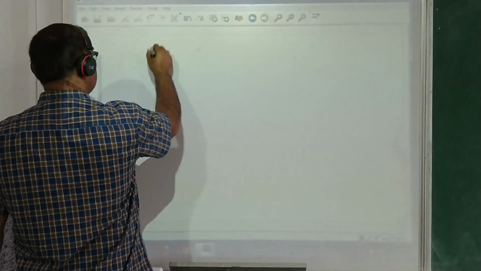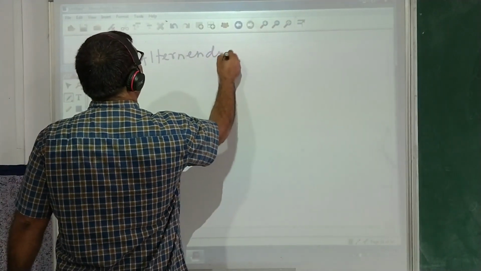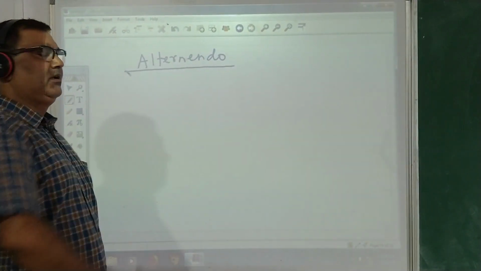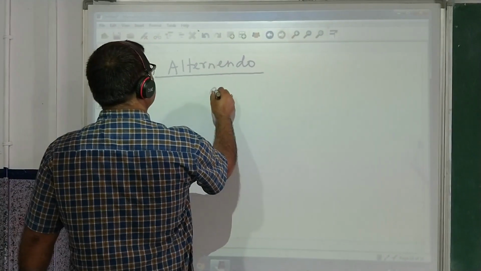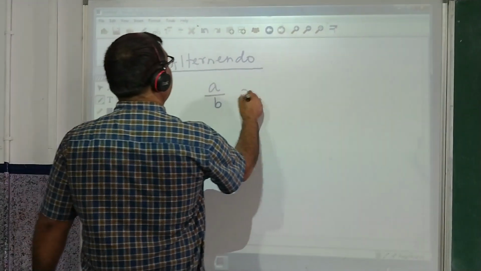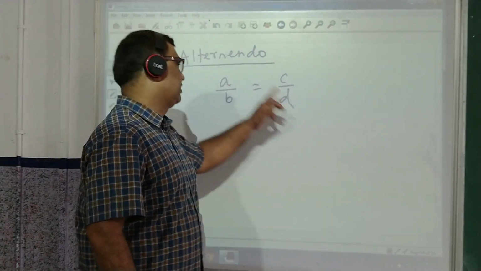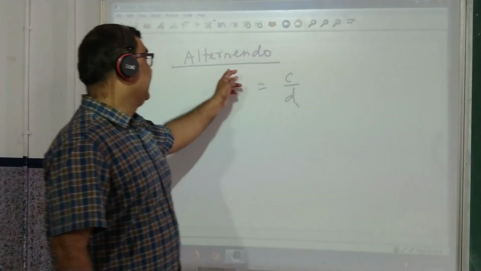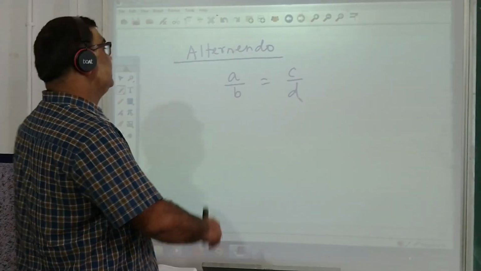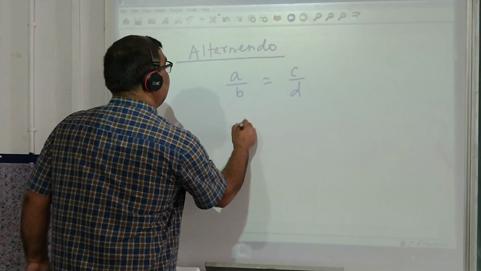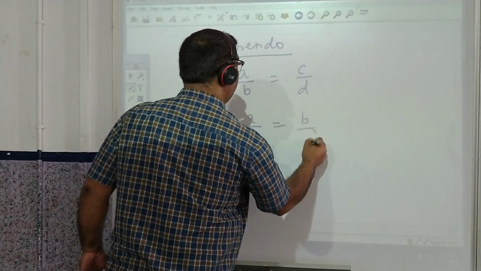The first one was invertendo. The second one is alternando. My dear, I am going to alter only one term. So here it is A by B equals C by D. By cross multiplication we have AD equal BC. So my dear, can I write here A by C is equal to B by D?